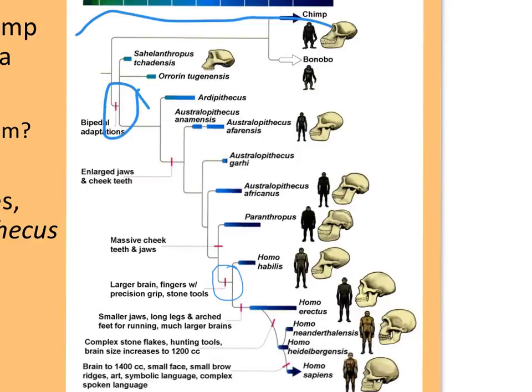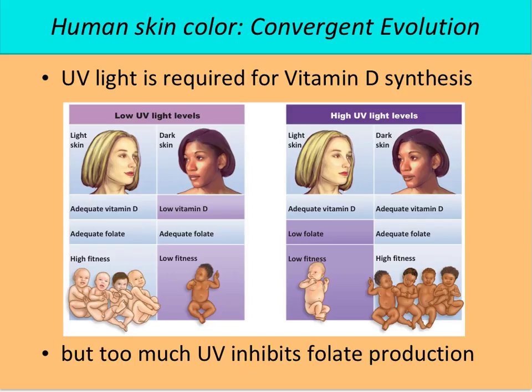Some of them were fairly large. They were bipedal, but they had a small brain, about the size of a chimpanzee's, maybe a little bit bigger.